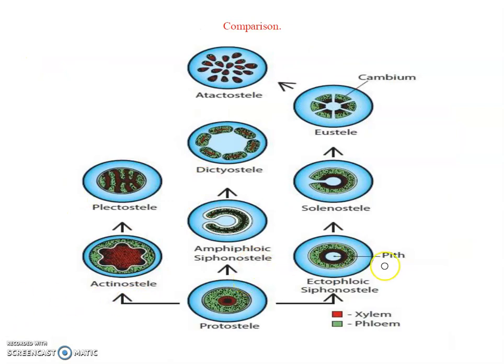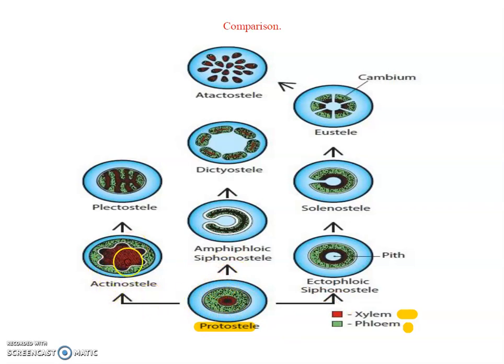So comparison, this is the protostele. In the protostele, xylem is at the center, and phloem, this is red color xylem, green color phloem. Xylem at the center, phloem is surrounded. Pith is absent here. In the protostele pith is absent. Protostele again develops or evolves.